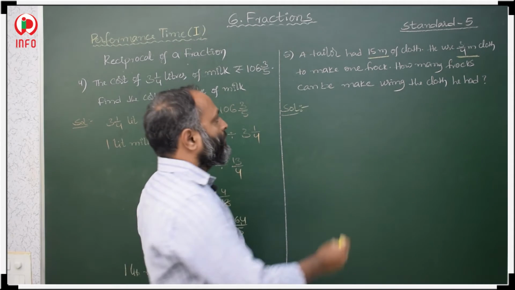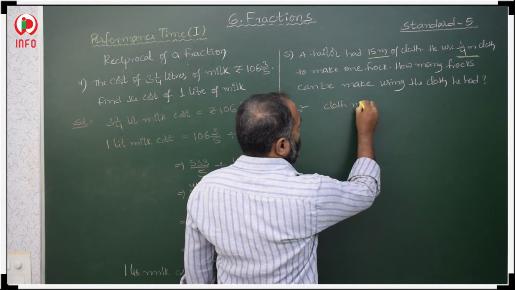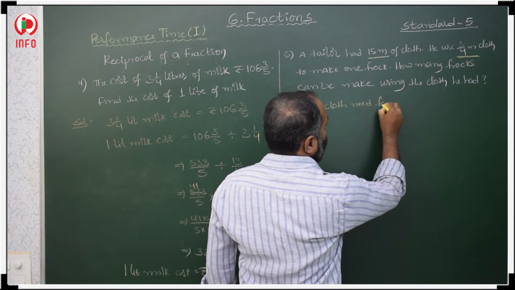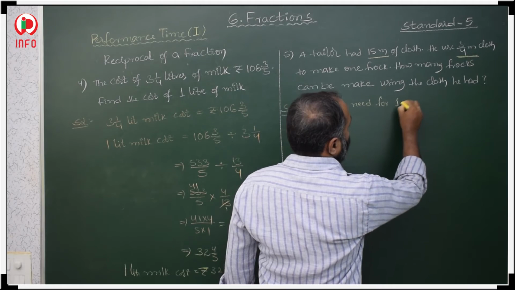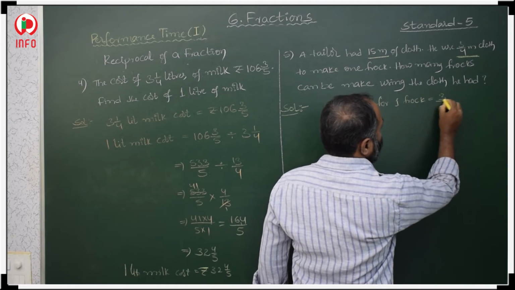Cloth needed for one frock is 3/4 meters.